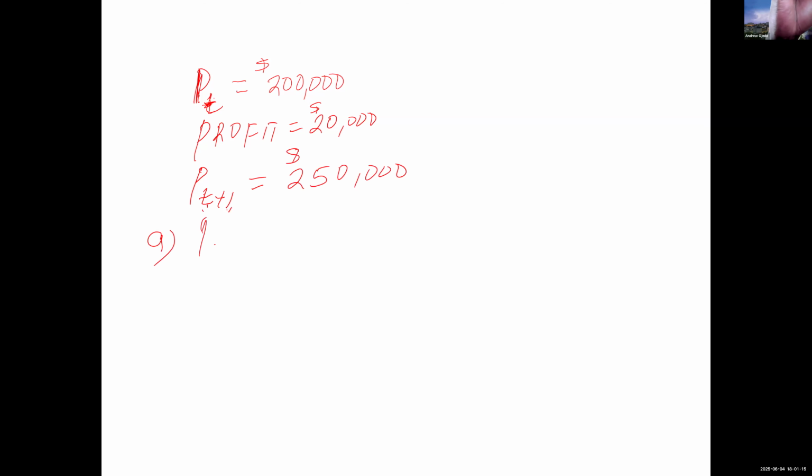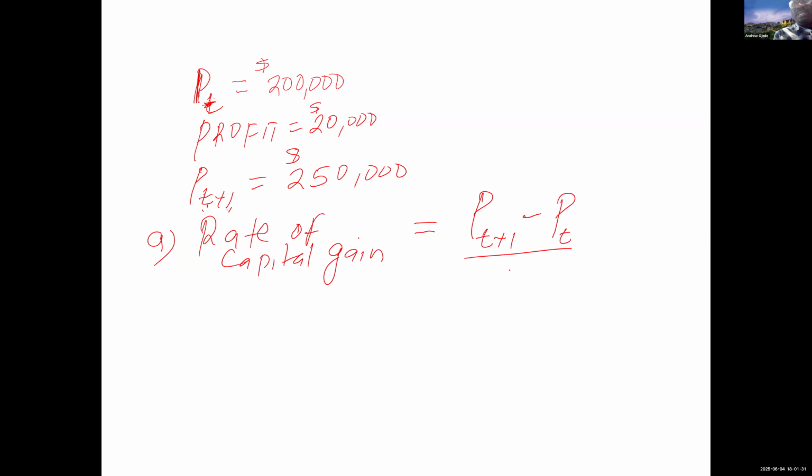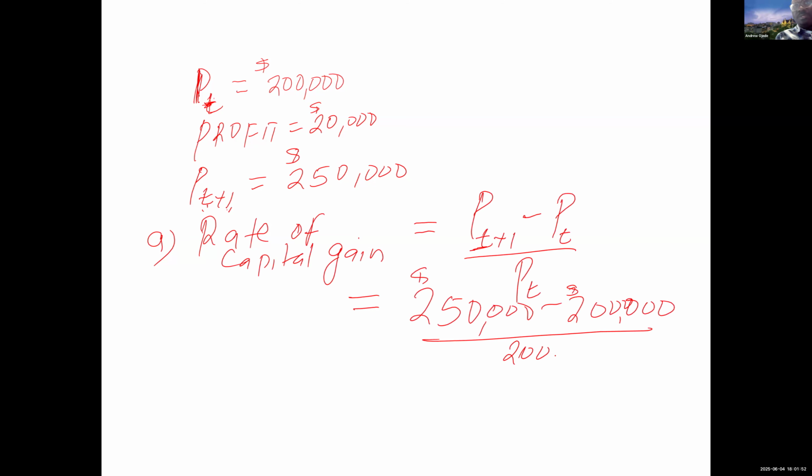So you're going to say rate of capital gain: you take the selling price, the price you sold the restaurant for at the end of 1 year, subtract from it the price you purchased it for, and divide by the price you purchased it for. That's how we calculate the percentage change in the price. In this case, you sold the restaurant for $250,000, but you purchased it for $200,000, then divide by the purchase price, which is $200,000.